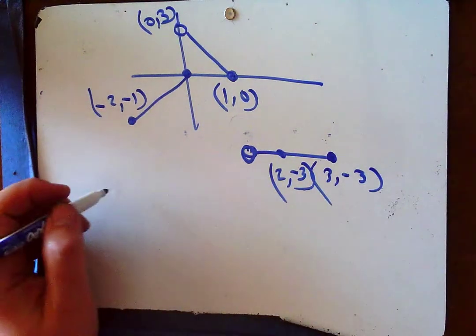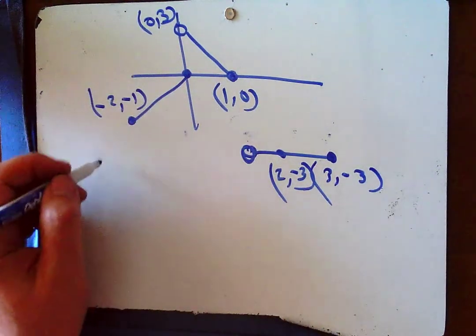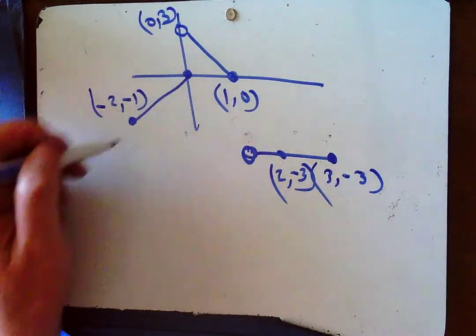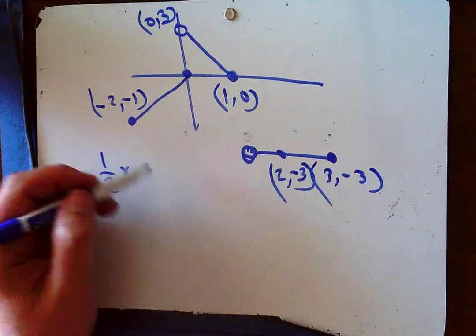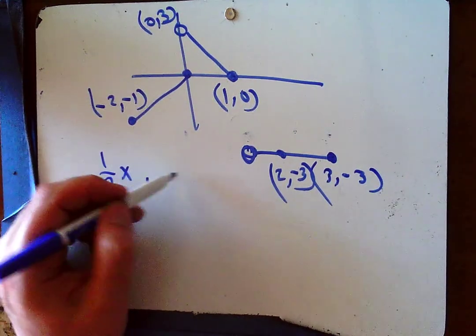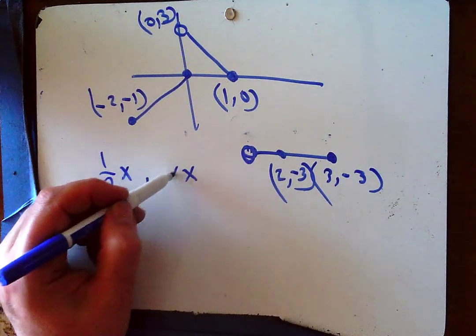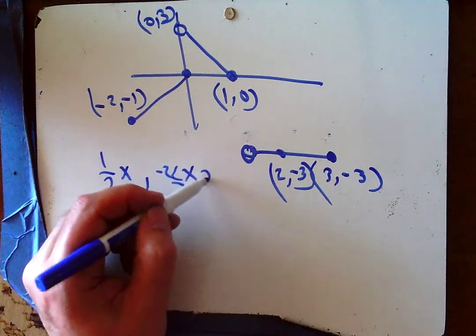Okay, welcome back. So I've got this linear equation here. It goes up 1 and over 2, up 1 and over 2 with a y-intercept of 0. And that works from -2 to 0.